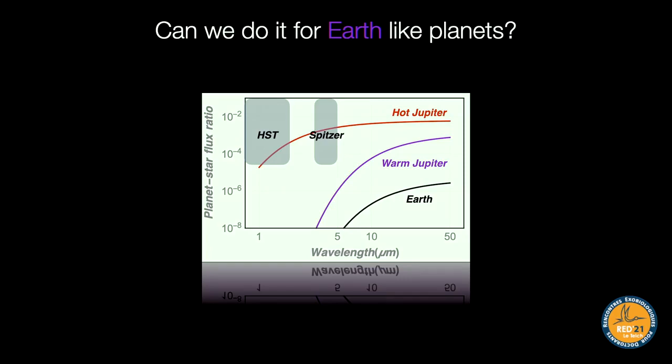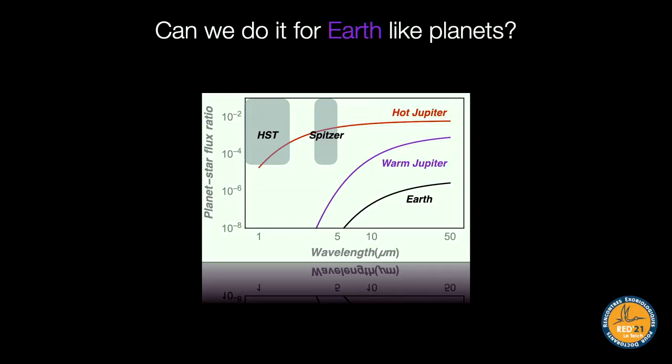So, indeed, if we show this planet to star flux ratio as a function of wavelength for a very simple model of a planet, a black body, we can see here on the top the red curve is the flux that the hot Jupiter would have as a function of wavelength. And so we see that this contrast is well within range of the current instruments that we have.